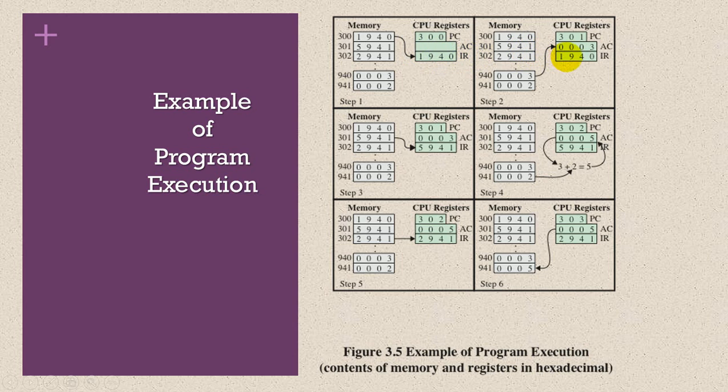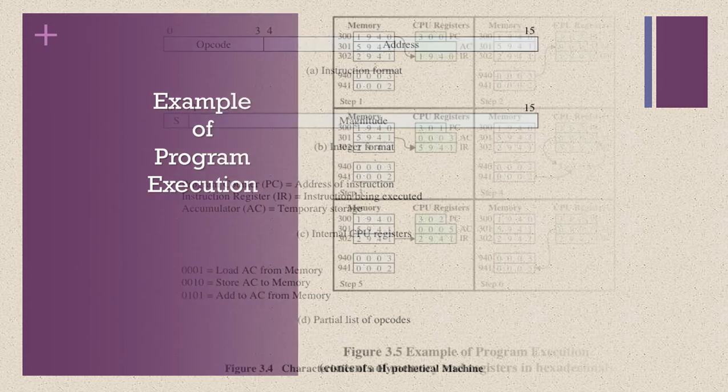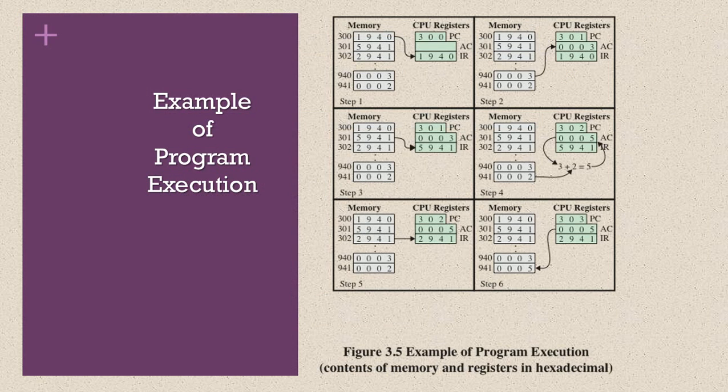Our instruction register is translated, and this says take 3, which is position 940, so it's saying do 1, which is load AC from memory. AC is here, and we're adding this address position 940 from memory, so we put 3 there.